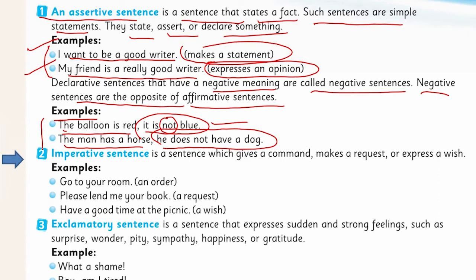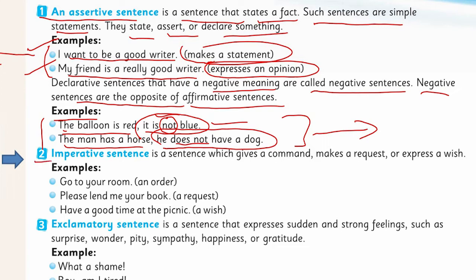In the negative sentence we have does not or not. It is completely opposite. Here it is making the statement and expresses an opinion, but in these negative sentences it is totally denying the facts or statement by using does not or is not.